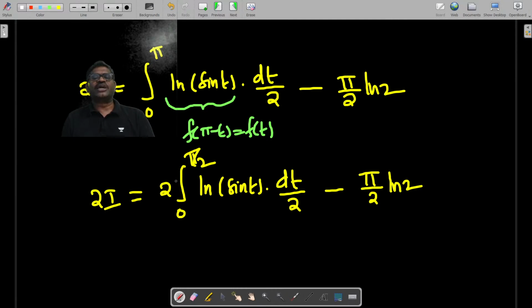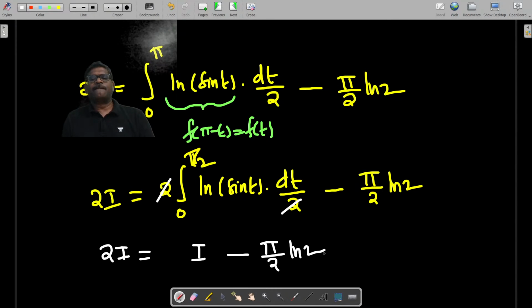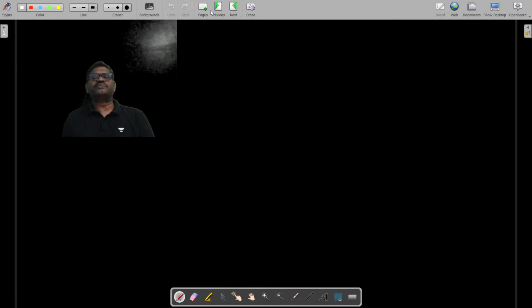Now you can cancel this 2 and this 2. Therefore 2I equal to integral 0 to pi by 2 log sin t dt, which is I, minus pi by 2 log 2.